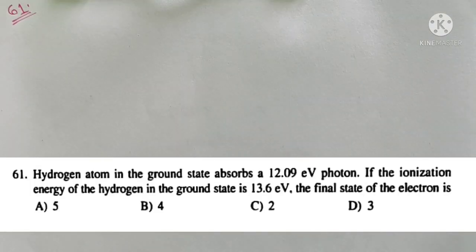Question number 61. A hydrogen atom in the ground state absorbs a 12.09 electron volt photon. If the ionization energy of hydrogen in the ground state is 13.6 electron volt, the final state of the electron is.